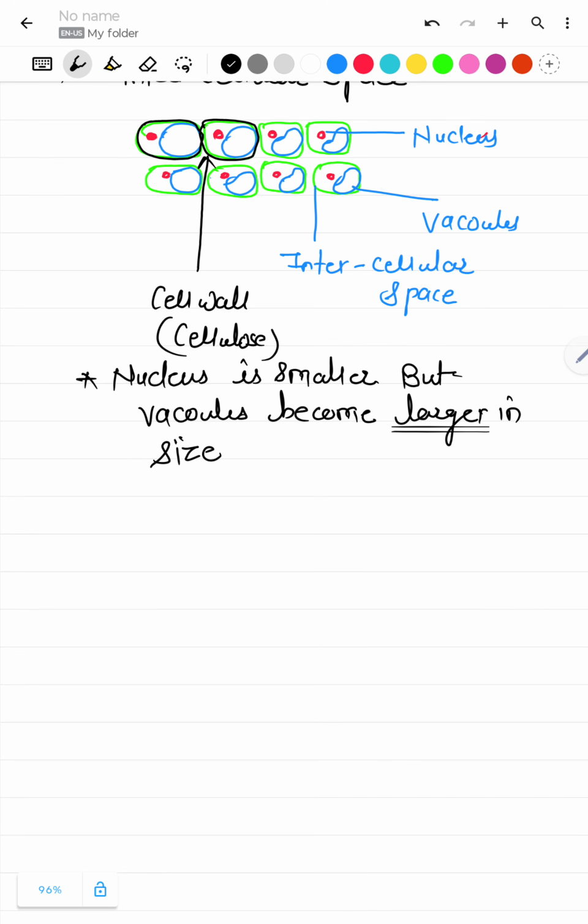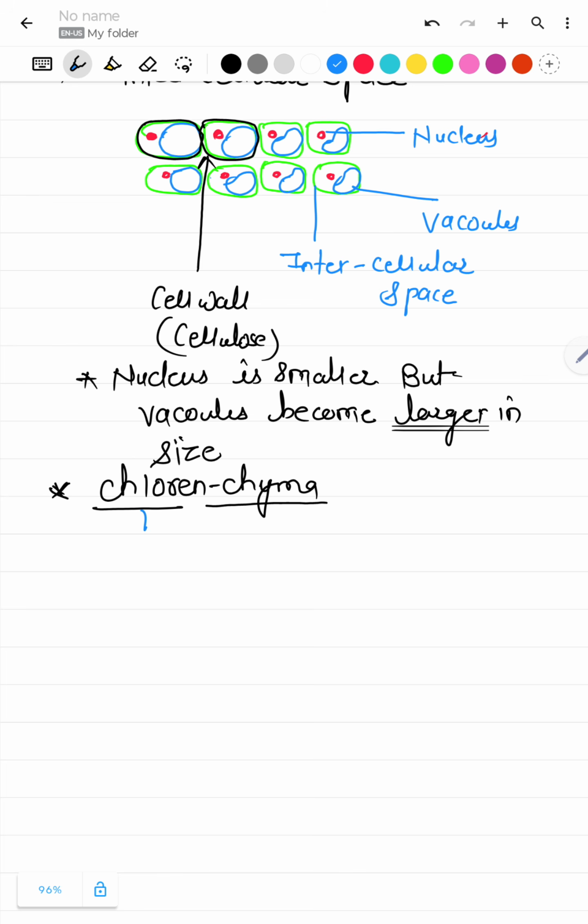The parenchyma cell, if present in the leaf part, is also considered chlorenchyma. What is the meaning of chlorenchyma?